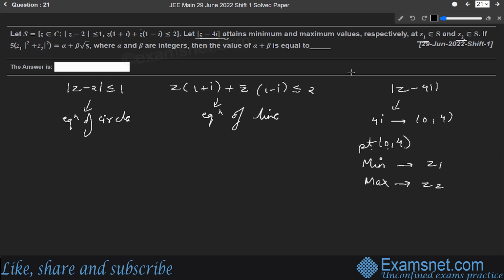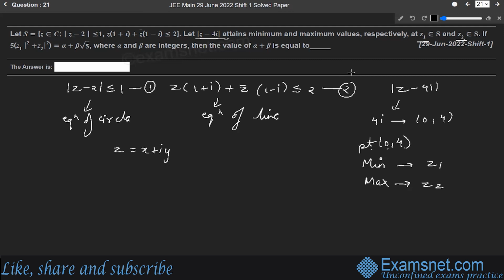Okay. So firstly, let us understand some basic things. This is a question from complex numbers. From complex numbers, we know that Z is equal to x plus iy. Okay, so we have two different equations. Let this be equation 1 and let this be equation 2. If we put Z equal to x plus iy in equation number 1, then we will get an equation in a real form, right?